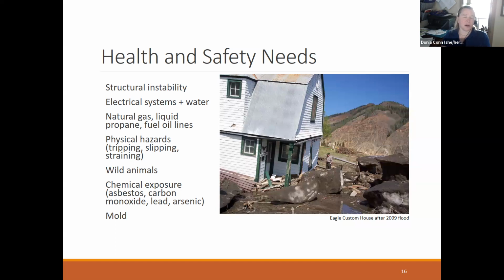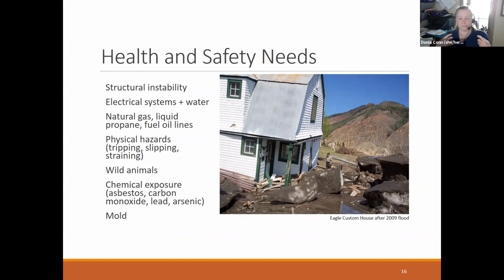We, of course, are always making sure that the electrical system, gas, water, oil, name a utility, if you've got it, make sure it's turned off because you don't want any surprises. You want to make sure that you are looking for any possible slipping, tripping, or straining hazards.